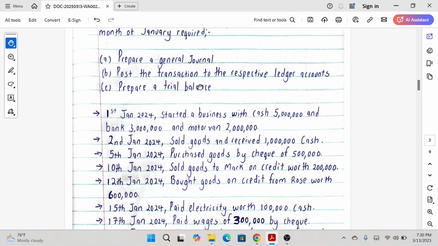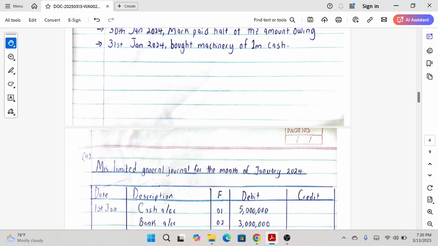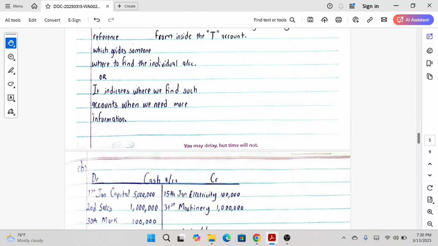So you're going to prepare a trial balance as your last, and with the trial balance, you just use end of year figures from the T accounts.